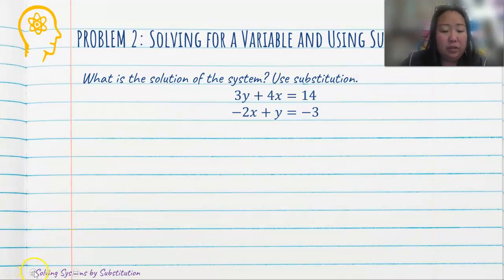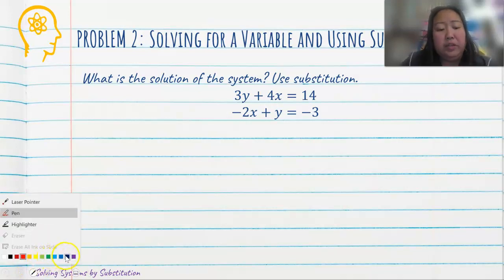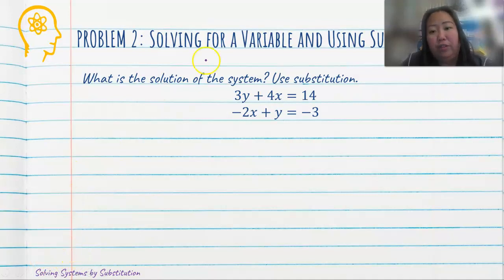Now in this case, as you can see, the easiest way to select which of the equations you will use for the substitution part is that you look at the coefficients and check if any of the variables has a coefficient of 1, meaning no numerical value is right in front of it.